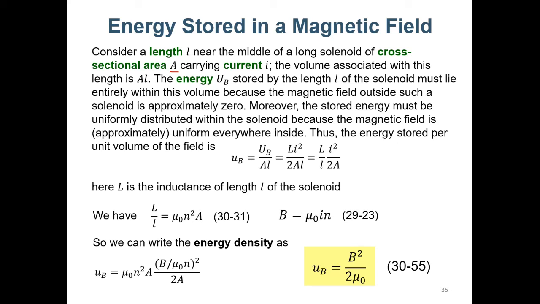The energy UB stored by the length L of the solenoid must lie entirely within this volume because the magnetic field outside such a column is approximately zero. Moreover, the stored energy must be uniformly distributed.